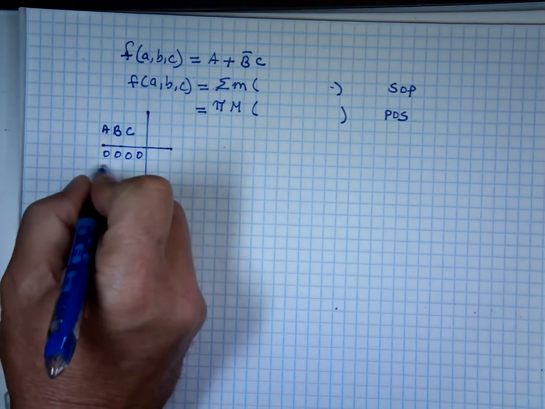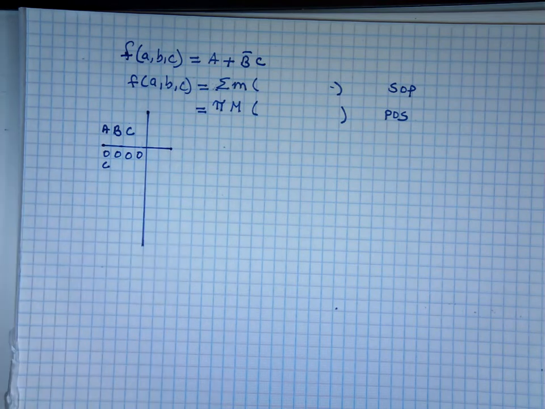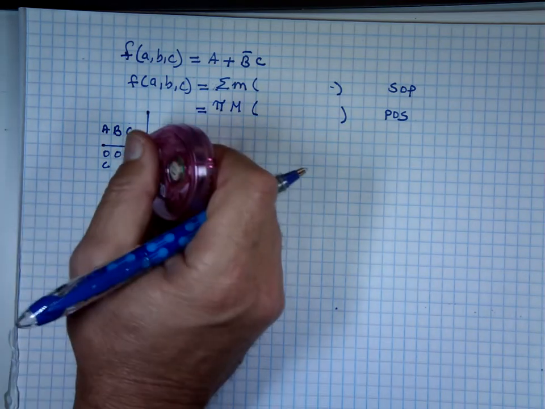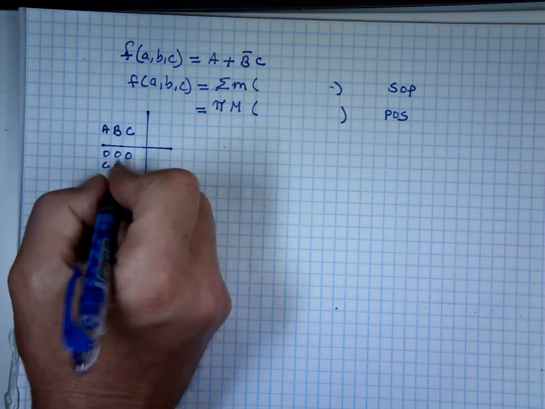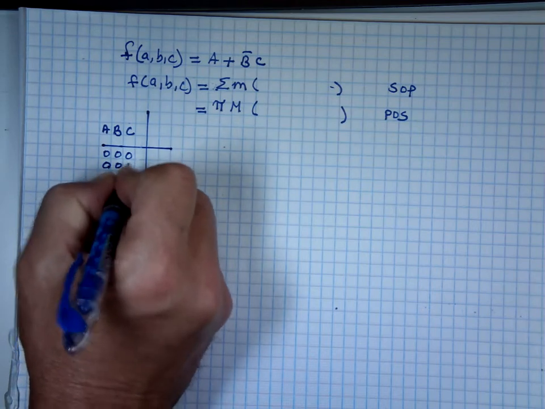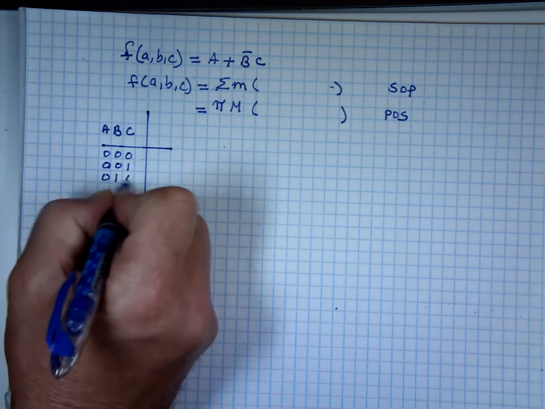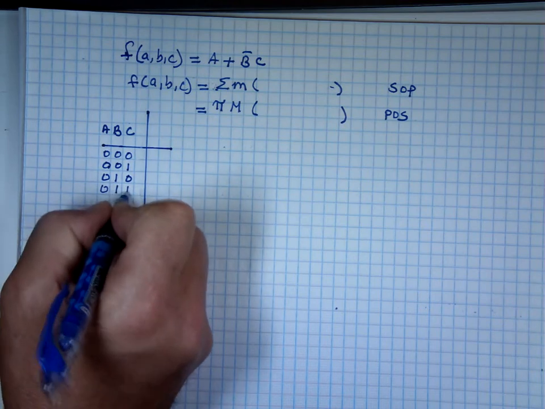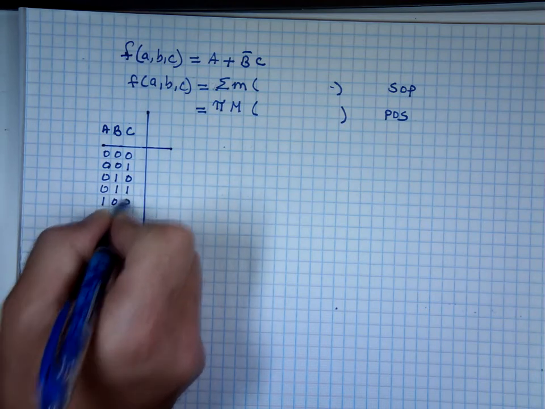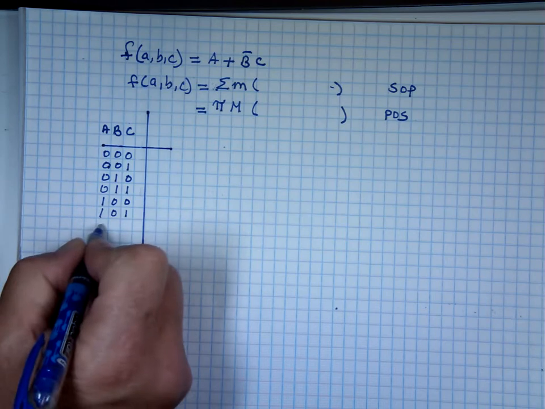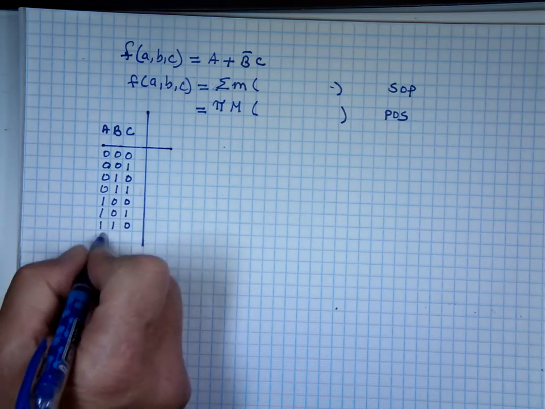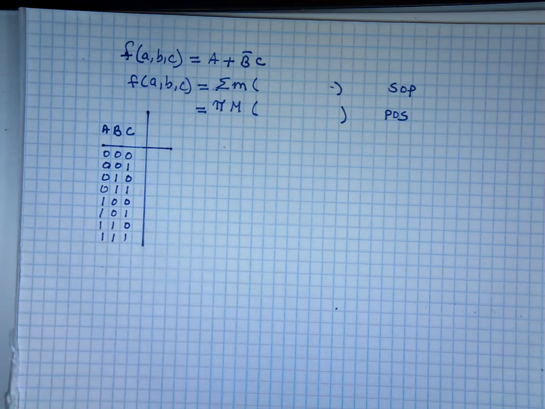Oh, 3 of them. Why have 4? 3 variables, right? 0, 0, 1. 0, 1, 0. 0, 1, 1. 1, 0, 0. 1, 0, 1. 1, 1, 0. 1, 1, 1. It is F.